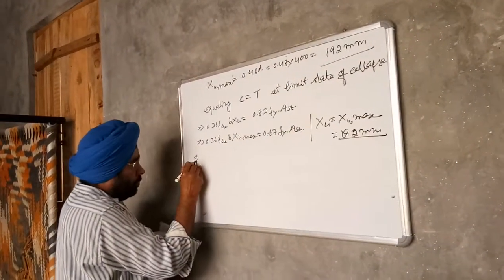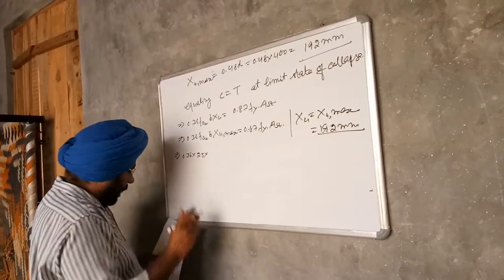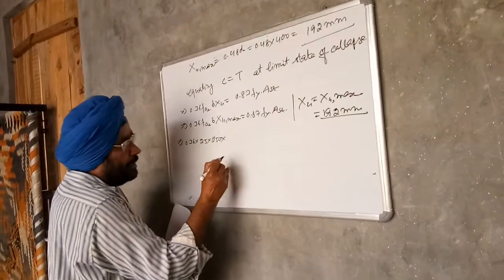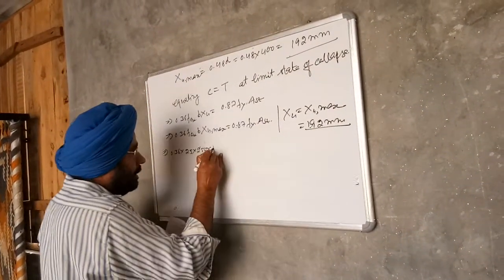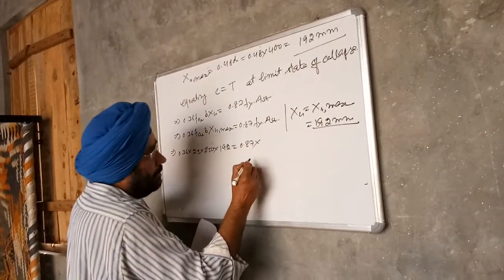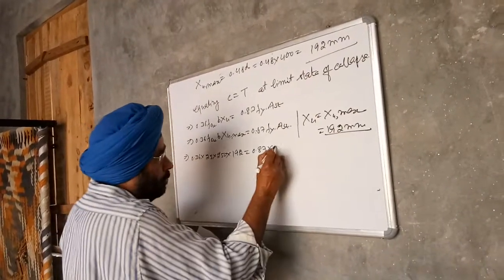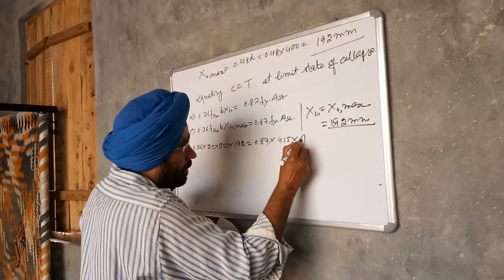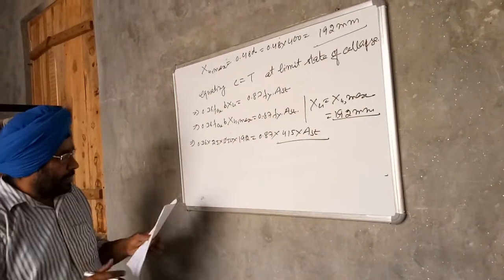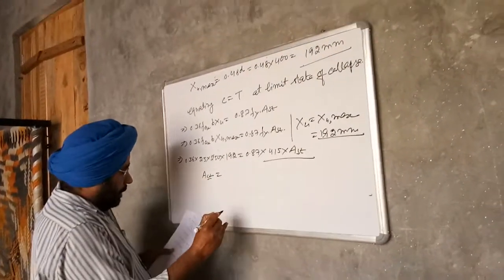So this is equal to 0.36 into fck 25, and width of the section 250 millimeter, xu max 192 millimeter, equals 0.87 into yield stress of the steel 415 into Ast.